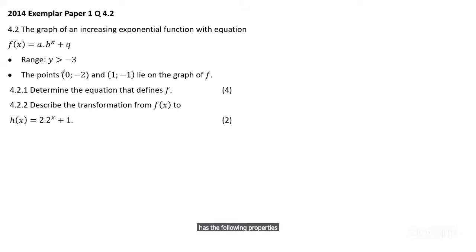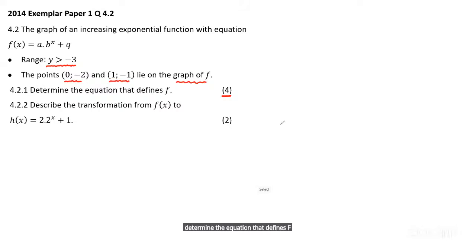The range is y greater than -3, and the points (0, -2) and (1, -1) lie on the graph of f. For 4 marks, determine the equation that defines f.